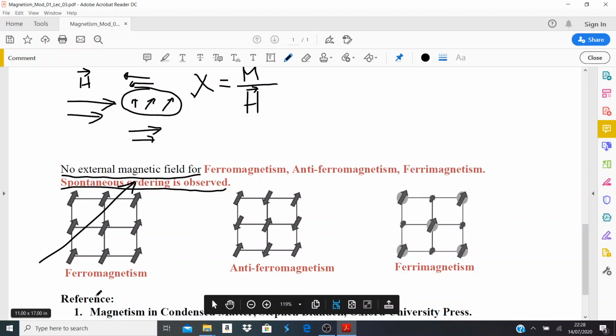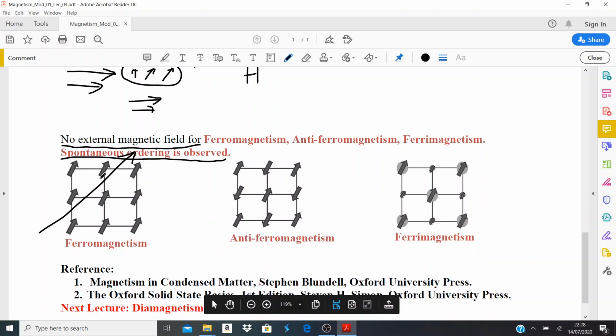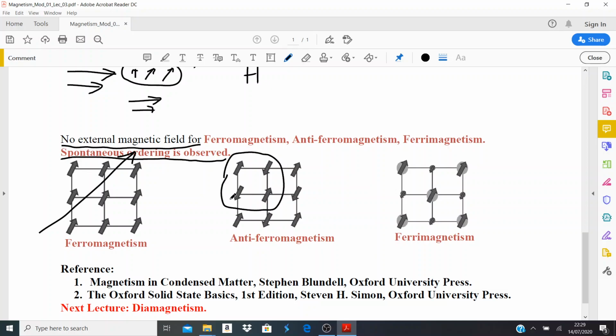Okay, and then there is another class of material where a similar thing happens, but this ordering is opposing on the nearest neighbor side. So if the moment on this side is in this direction, the neighbors are opposing it. So if you consider this as a unit cell or some sort, you can see two are pointing in this direction, two are pointing in this direction.